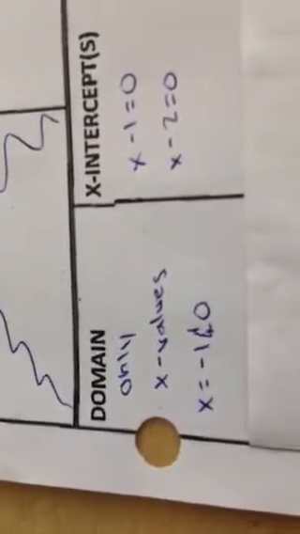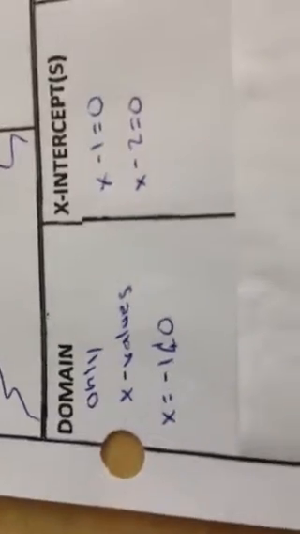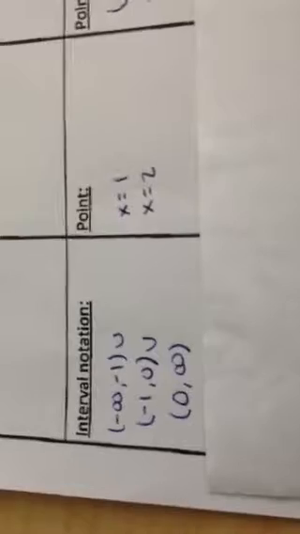To find the domain, look at the vertical asymptotes and holes. It's just the x value, remember that. Only x values, and they are -1 and 0. So we would write it like this: -infinity, comma -1, union -1, comma 0, union 0, comma infinity.